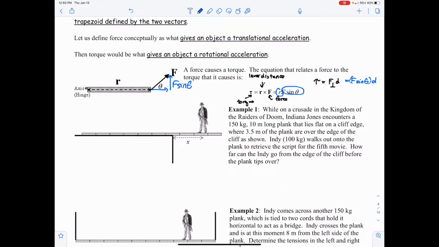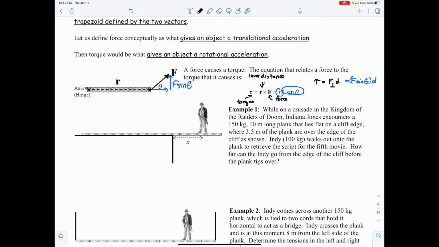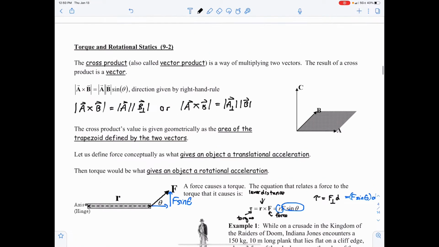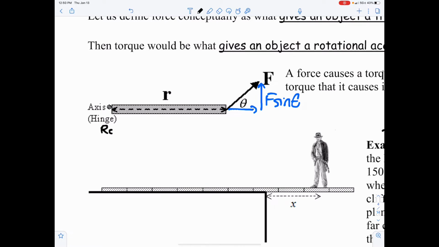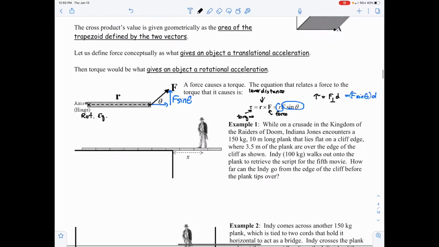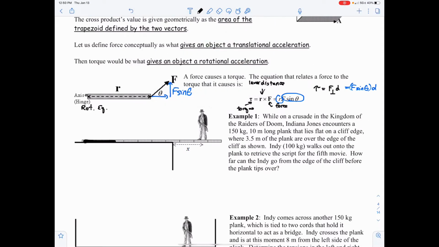Well, this is going to be what's called a rotational equilibrium problem. Now, how do we know it's a rotational equilibrium problem? Well, you basically have this plank right here that is teetering about that point right there.